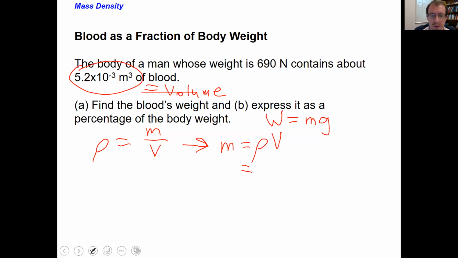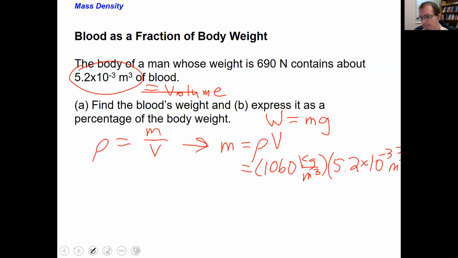So if we pop that in, the density of blood is 1,060 kilograms per meter cubed. And then we're multiplying that by the volume of blood, which is 5.2 times 10 to the negative 3 cubic meters. Okay, I ran out of space there. But when we do the math, we end up getting that the mass of blood inside of this man is 5.5 kilograms.